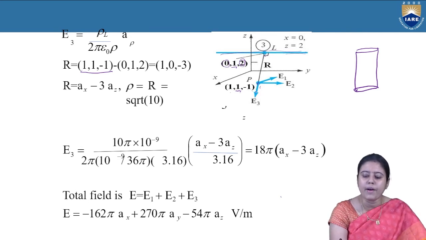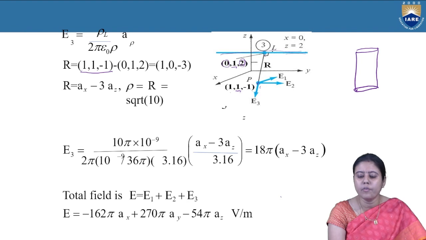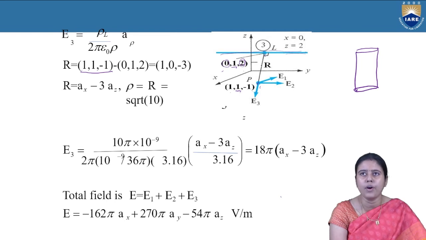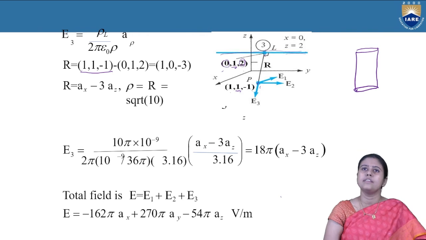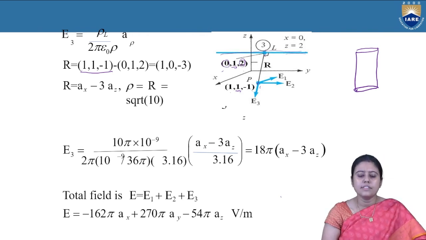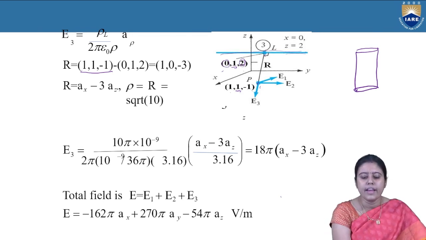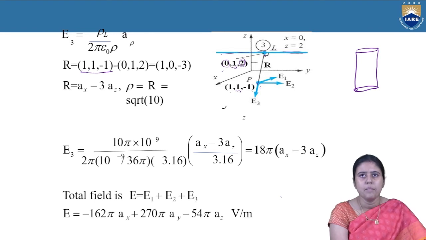The line equation is x equals 0 and z is equal to 2. As this is the perpendicular, it is cutting y at 1. So this is the r value, and if we take the end point minus the starting point, we get 1, 1, 0, minus 3.